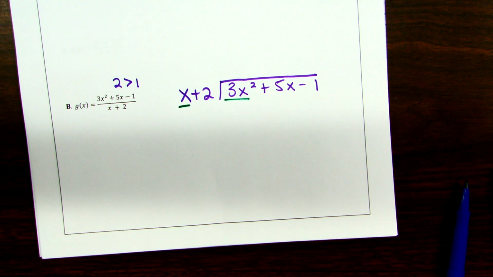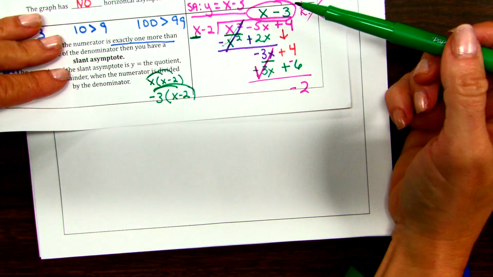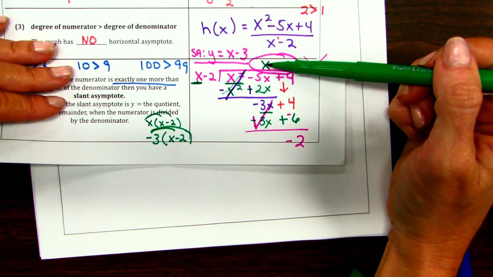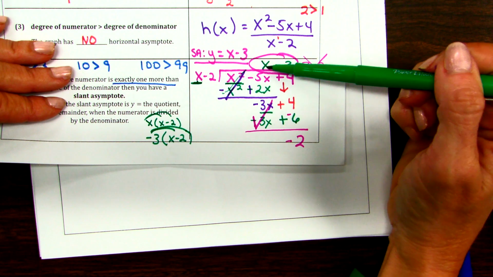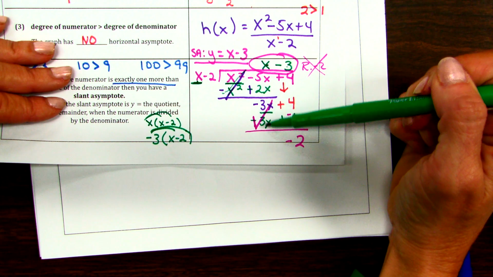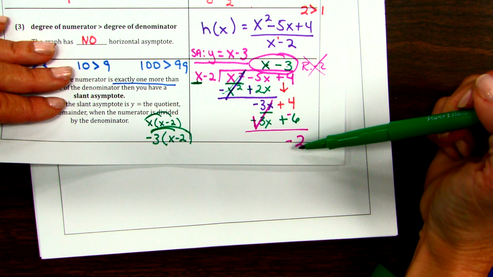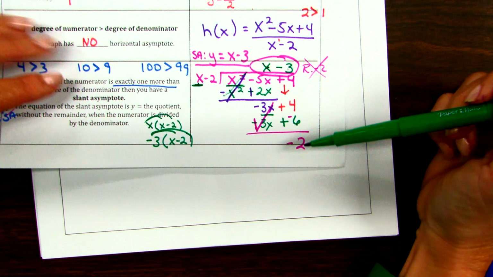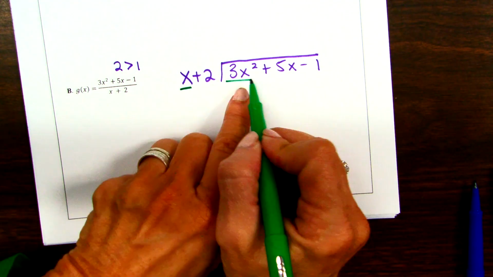And you ask yourself, oh, I forgot to mention it. The reason it was so important to line it up, look, if you're doing it right, all of the terms line up with their family members. So by starting it out correctly, look, all my x's are lined up. All my constants are lined up. That will happen every time if you did it right. Remember, constants are numbers without letters, okay? All right, so what times x gives you 3x squared?